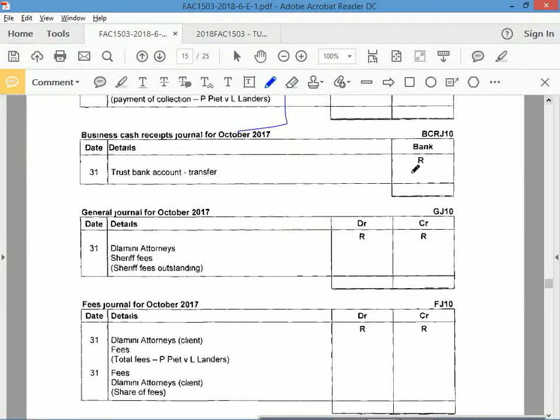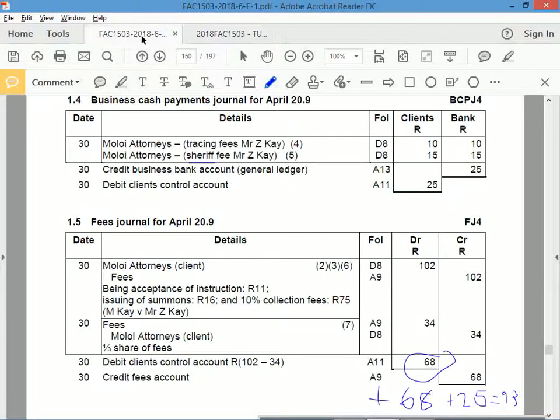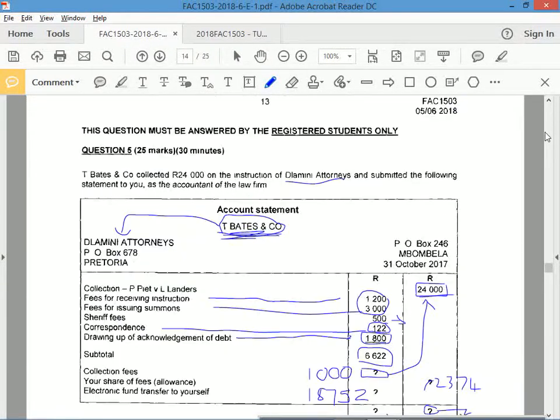Let's just record the fees here. This would have been in the cash payments journal, the business CPJ. They've shown it as a general journal line item, because the share of fees was covered by the attorneys. So this amount for the share of fees was, let's get that figure. How much share of fees? 500.